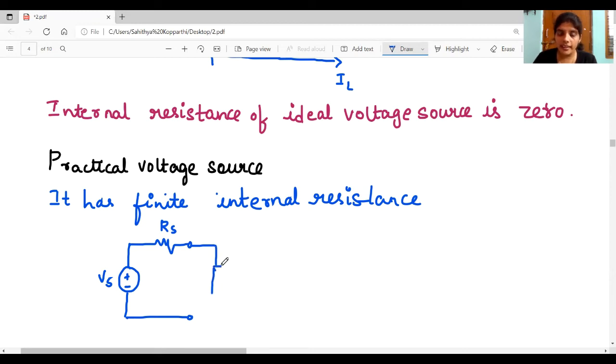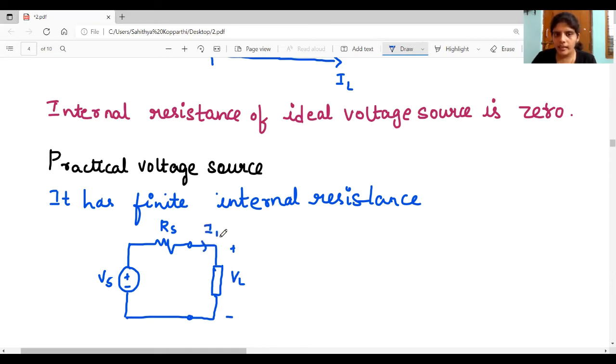Now, with the increase in current, there will be a decrease in load voltage. Let the voltage be VL across the load, and the current flowing be IL.